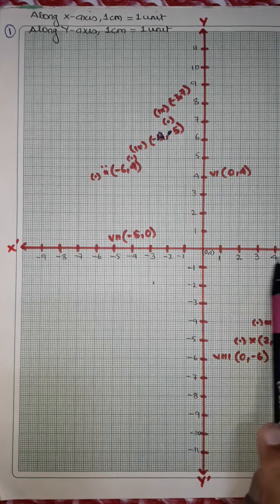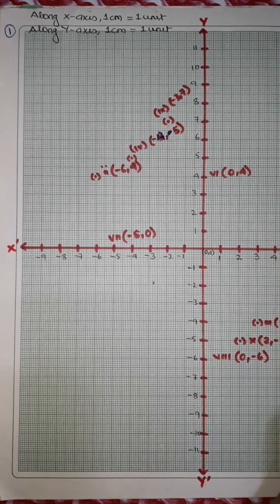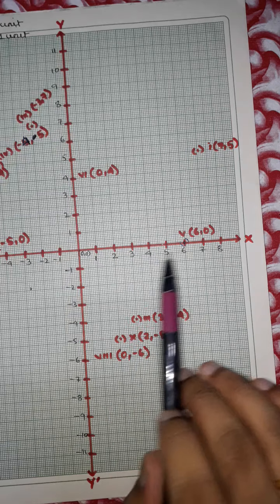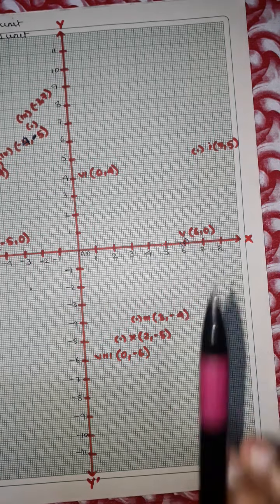So that means 6 comma 0, 1, 2, 3, 4, 5, 6 comma 0 is here. That means the ordinate is 0, so you must mark a point on the x-axis. Again see, this is your 6 comma 0, 1, 2, 3, 4, 5, 6 comma 0.